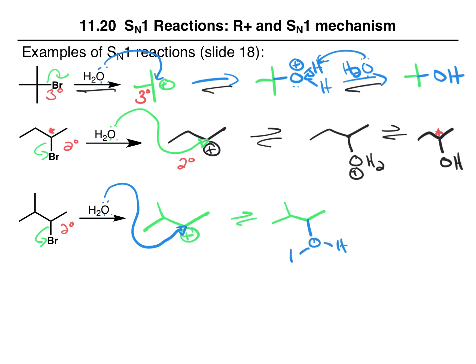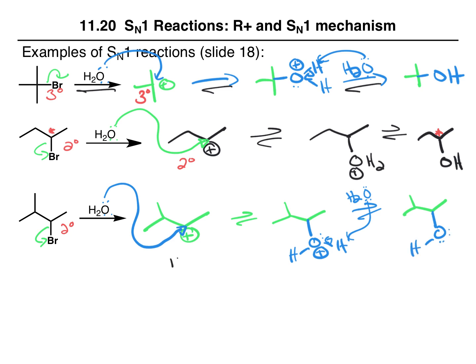So here is our intermediate, and then another molecule of water will grab off this proton, put these electrons back onto the oxygen, giving us this product. But what else can happen?